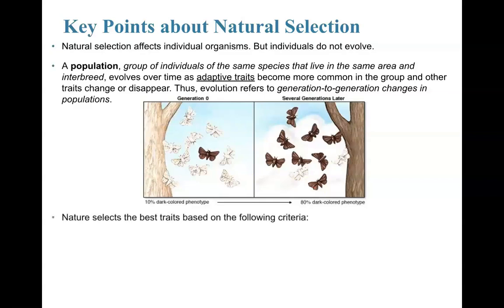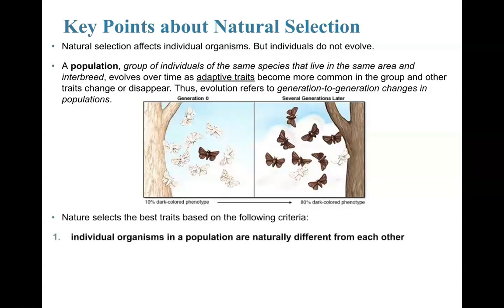Nature selects the best traits based on the following criteria, these 4 points. Number 1, individual organisms in a population are naturally different from each other. So you have to have all 4 be met in order for natural selection to occur. You have to have a difference. In the population, there must be different traits in order to select for.